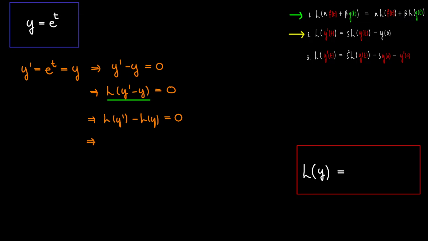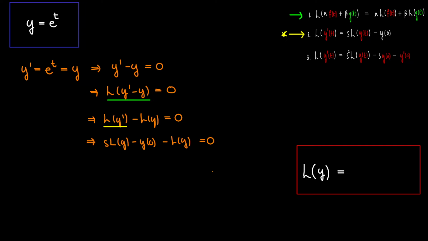Good. Let's now use formula 2 here on this expression to get that s times the Laplace transform of y minus y of 0 minus L of y is all equal to 0. What is our job at this point?